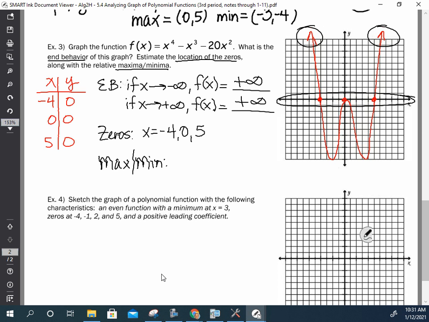So max and min, we have a maximum value there. So we have a max value of 0, 0.